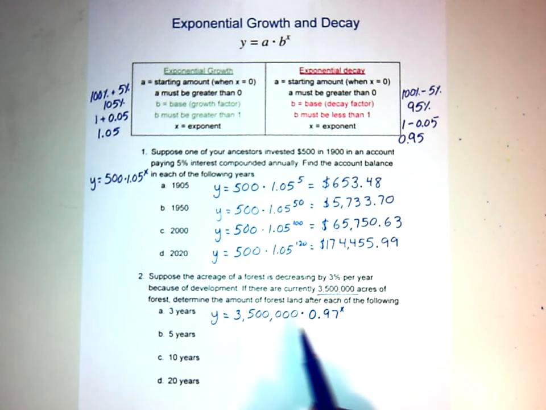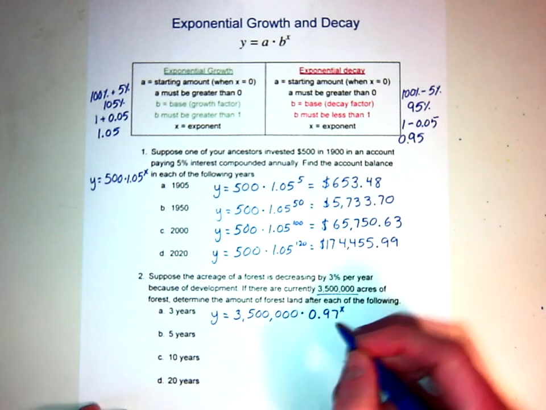What would happen is we'd multiply this by just under the value of 1, which means it's going to get smaller. Not a lot smaller, but it's going to get smaller. If we multiply a number by 1 or 100%, it's going to remain the same. Since we're multiplying it by 0.97, it's going to start getting smaller and smaller and smaller.